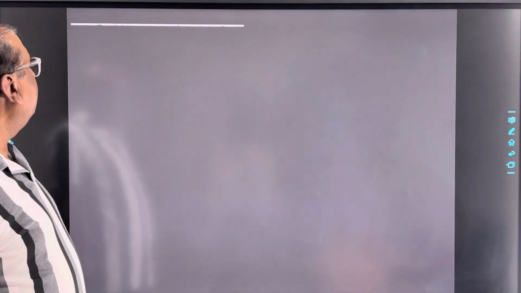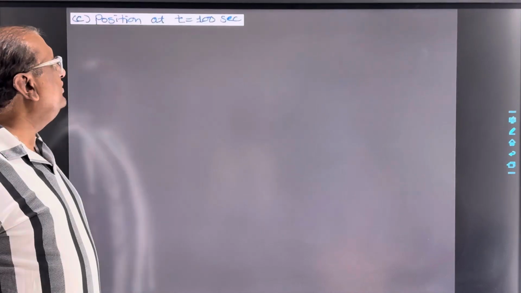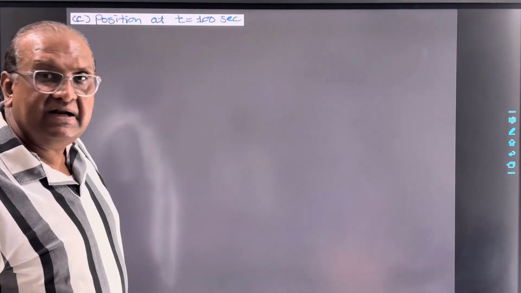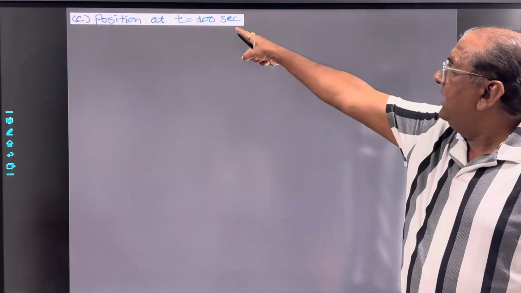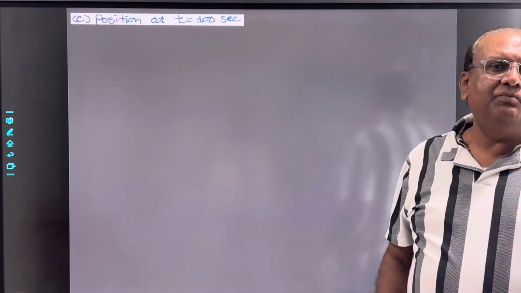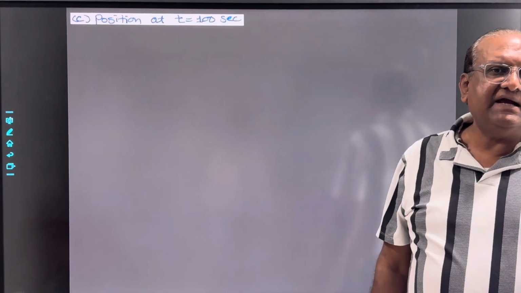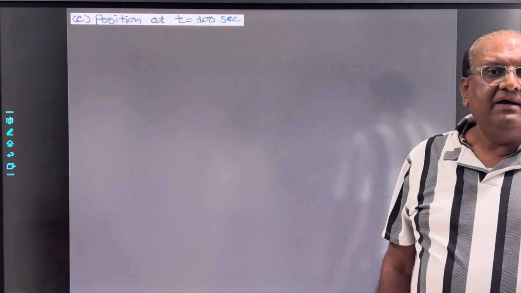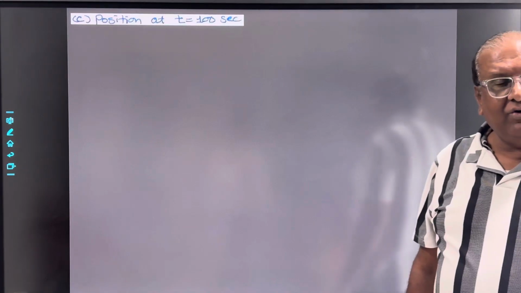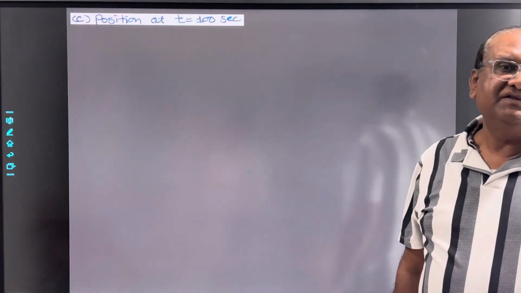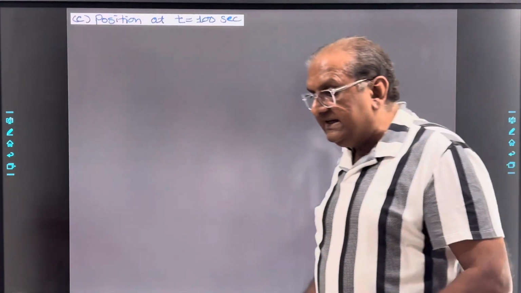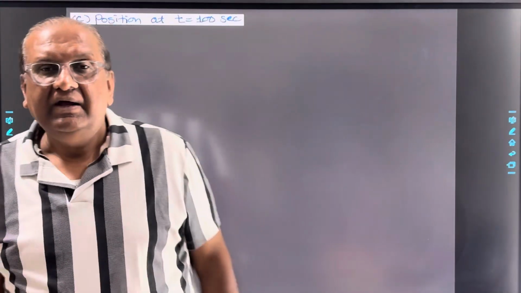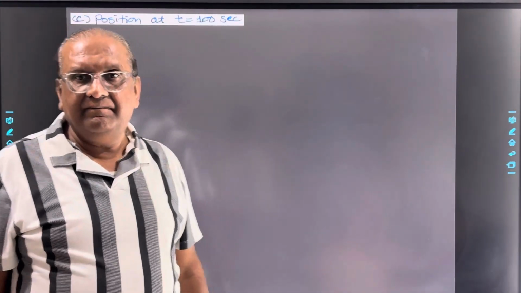Okay. Now third situation. Position at t equal to 100 second. Now here be careful. We have to divide this time into two parts, 30 second and 70 second. Why? Because the force is applied only up to 30 second. Clear? So up to 30 second, it will be accelerated.